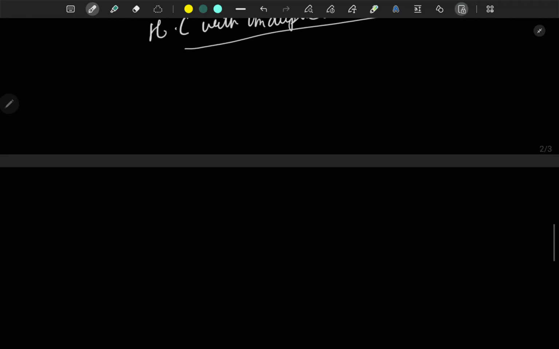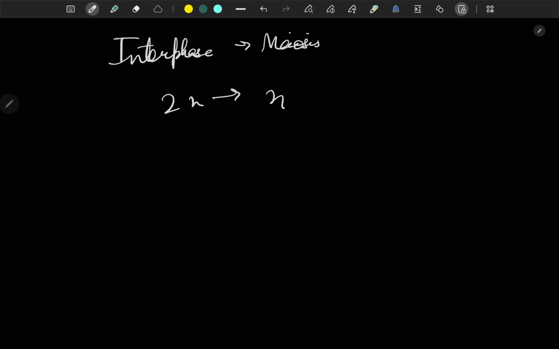A lot of people will ask, why in the first phase, from interphase to meiosis 1, the 2n becomes n, but in meiosis 2, why doesn't the n get halved? Why?